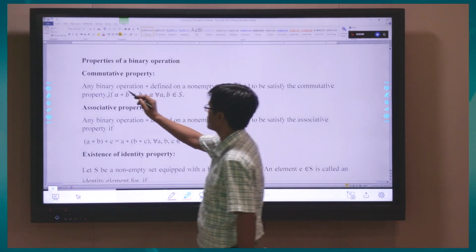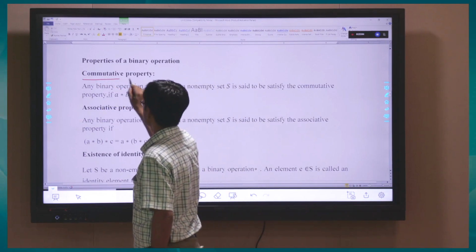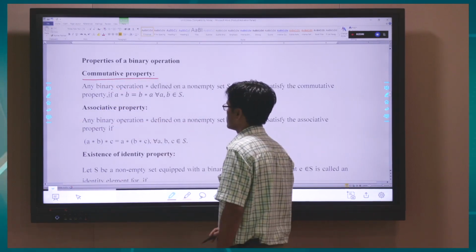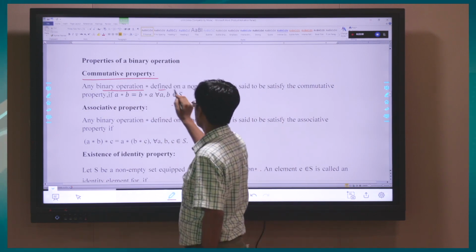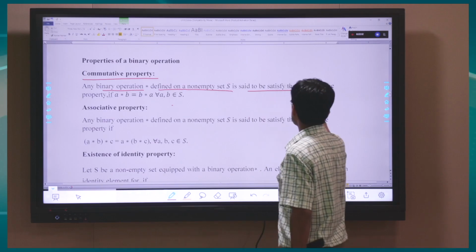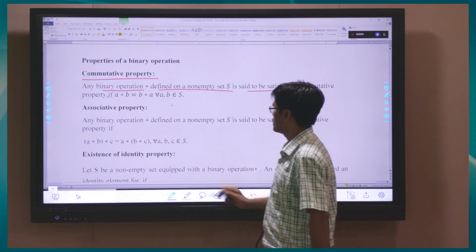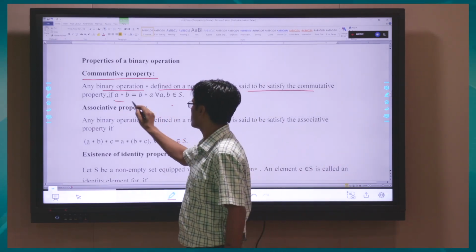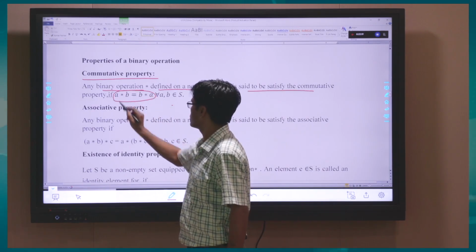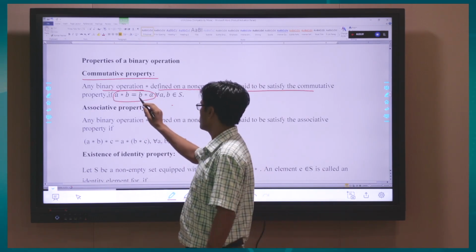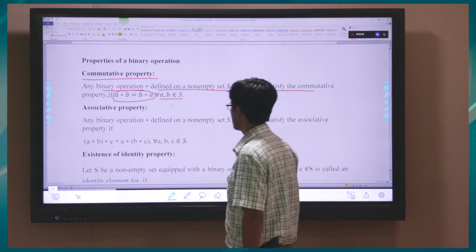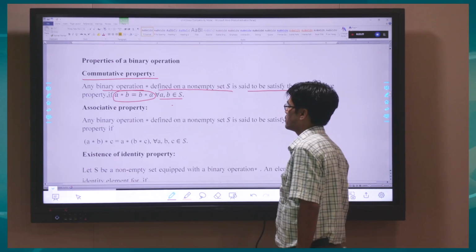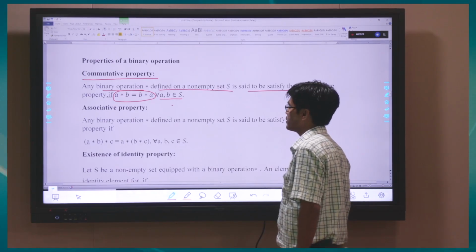So the first property is the commutative property. Any operation star defined on a non-empty set S is said to be commutative if this condition is satisfied: A star B is equal to B star A for all elements A, B belonging to the given set.